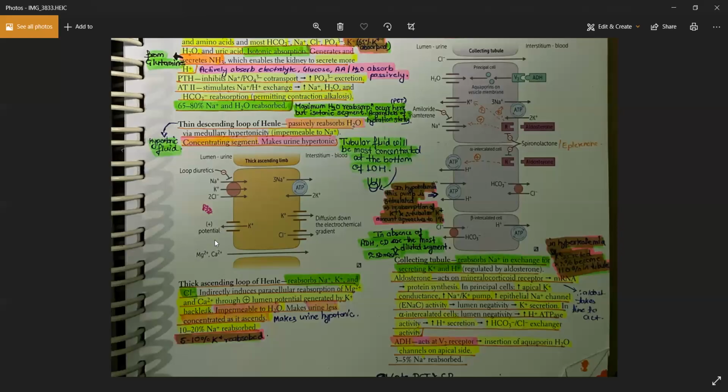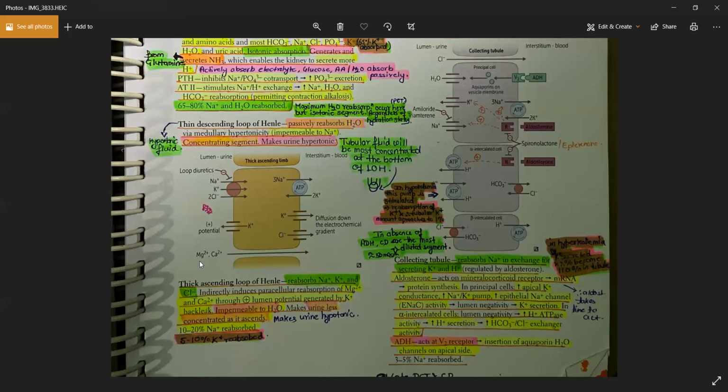So if you give the patient loop diuretics, what's going to happen to this magnesium and calcium? Decrease or increase? Reabsorption I'm talking about. You would pee it out. Decrease. Yeah, exactly. You will pee it out, right?